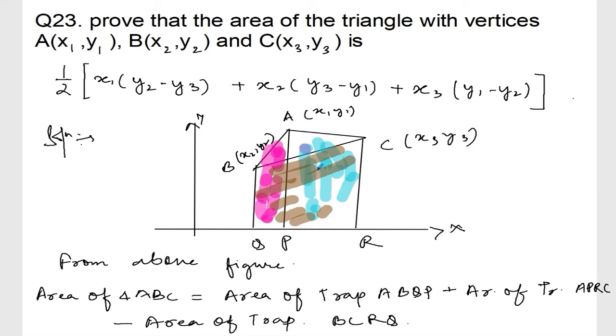If you add these two and subtract this one, the answer will be the triangle. This will be the result outside. So ABQP plus APRC minus BCRQ will be equal to the area of triangle ABC. Let me rub this one and let's do further.